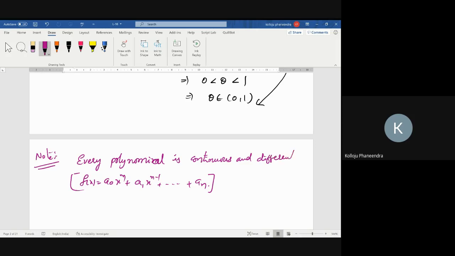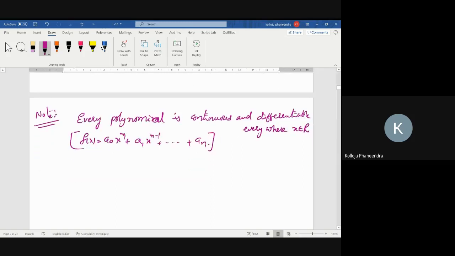Every polynomial is continuous and differentiable everywhere. That means for all x belongs to R. This is the first point.